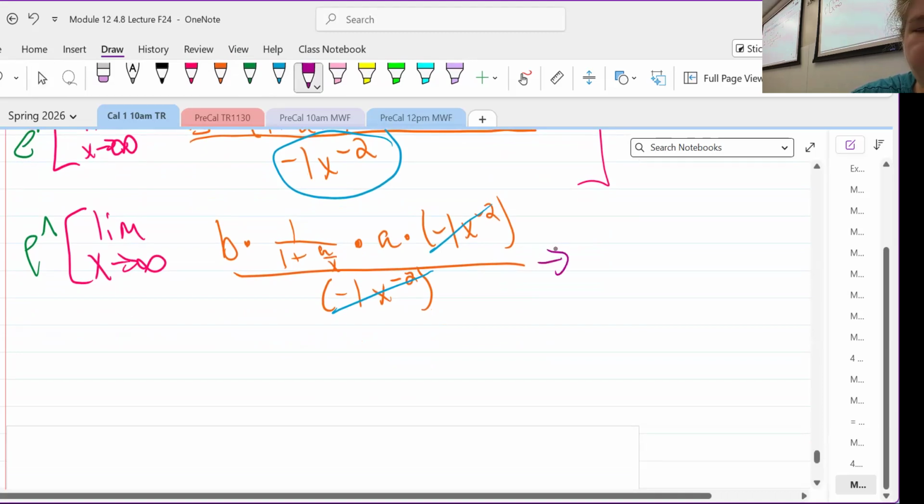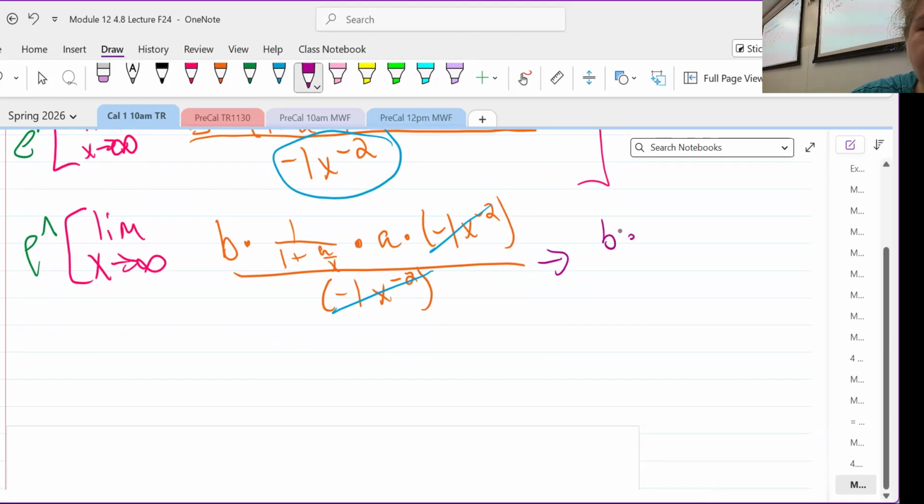So we'll have b times 1 over 1 plus a over infinity, times a. So the a over infinity goes to 0. 1 plus 0 is 1. So I have b times 1 times a.